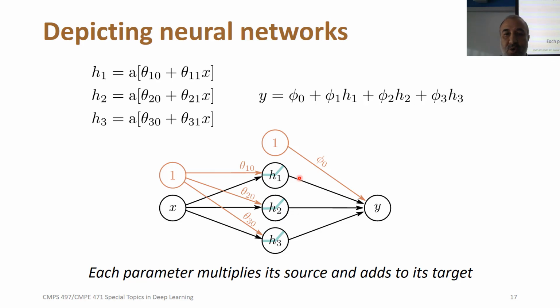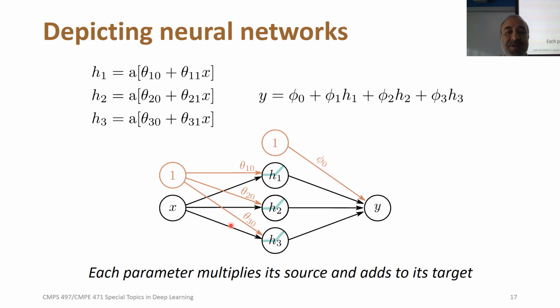So these are the slopes. The black lines are the slopes, the brown lines are the offsets. The slopes, we call them weights. We will no longer say slopes, they are weights.